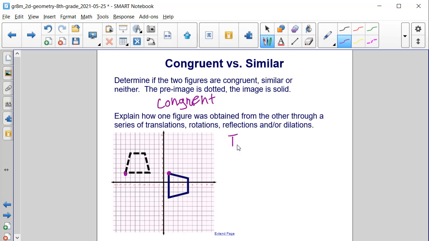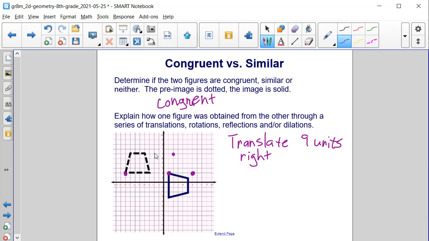Okay, so if I translate everything 9 units to the right, that will put our trapezoid at this point, and then from here, 1, 2, 3, 4, 5, 6, 7, 8, 9, this point. 1, 2, 3, 4, 5, 6, 7, 8, 9, that'll be here.